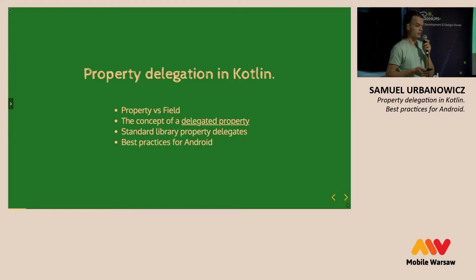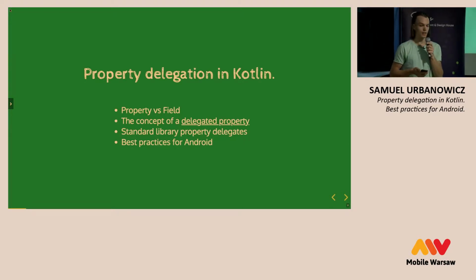So I'm going to start with the basics, just to make sure that we are all on the same page. I will go step by step by describing the concept of the property in Kotlin. Then I will switch to the concept of the delegated property, and I will explain the motivations for using it in your code.